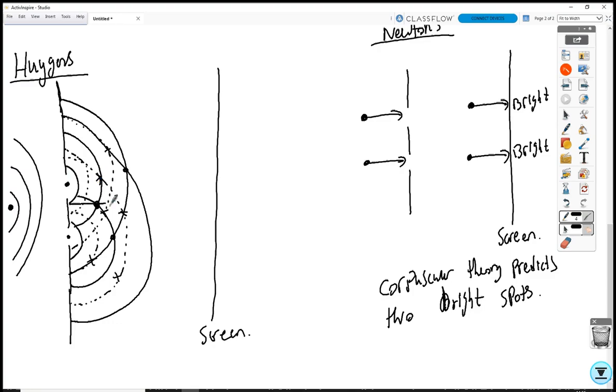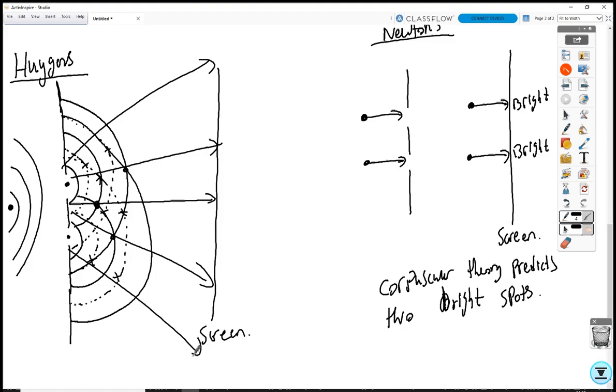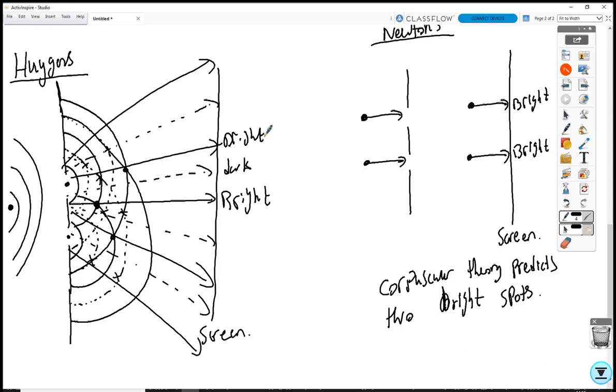So what you get when you do this is you get a bright spot around there, and then a bright spot there, and you probably get a bright spot up there, a bright spot there, and probably a bright spot down there. And then if you imagined there being dotted lines in between them, we get bright, dark, bright, dark, bright, dark.